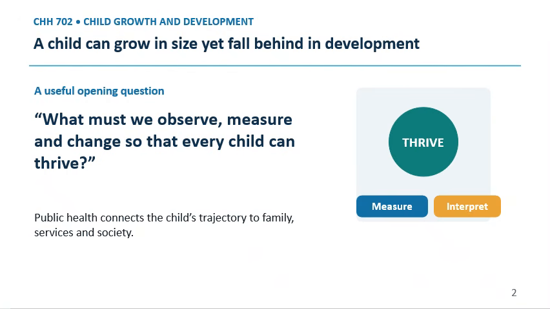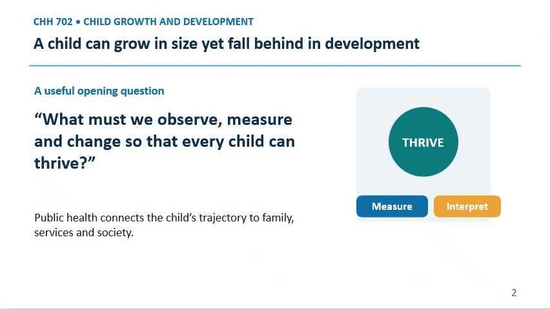Please think briefly of a child you have encountered whose growth or development caused concern for you. What first alerted the family or health workers? Was it measurement, a missed ability, a change in behavior, or a comparison with other children?